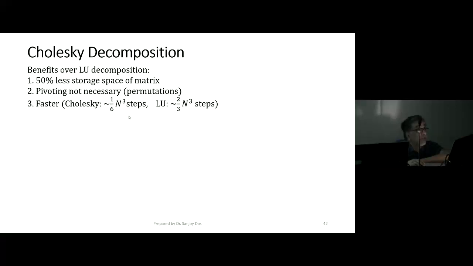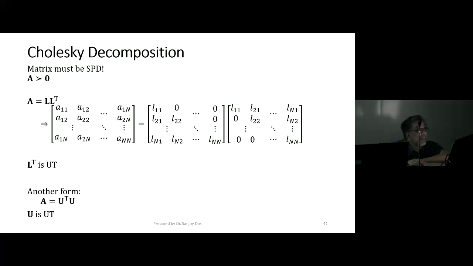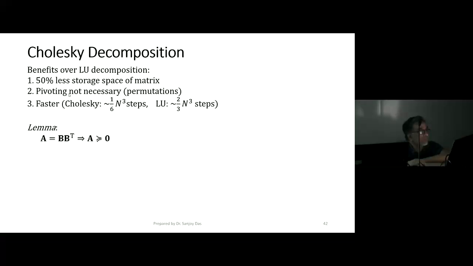Now, why do I say that A must be positive definite? Let's assume that L and L transpose are full rank. I'm reducing A into this form, right? Just replace B with L. A equals BB transpose, correct?